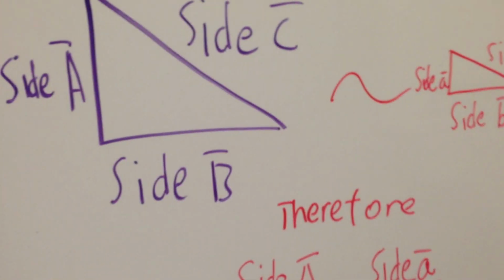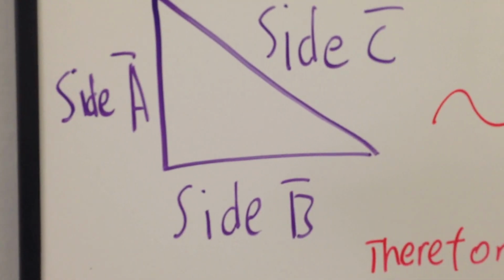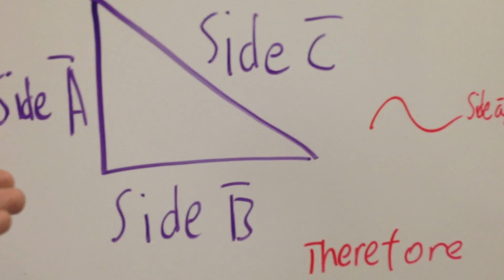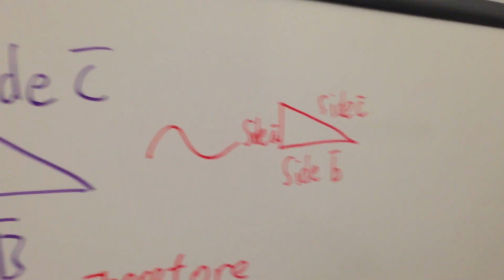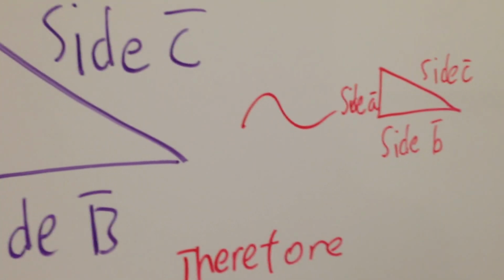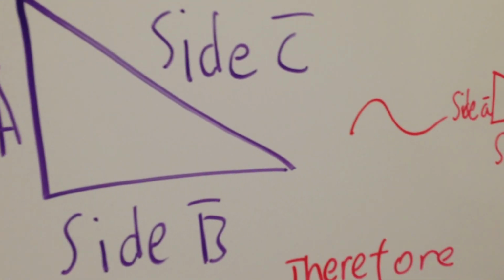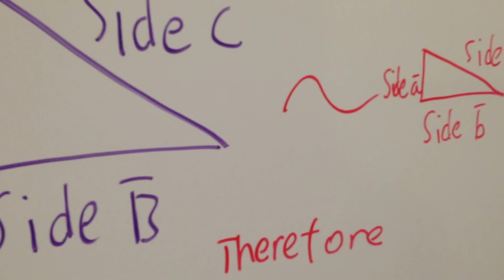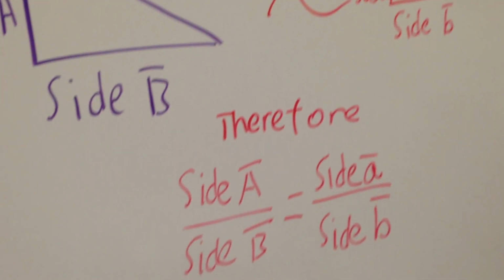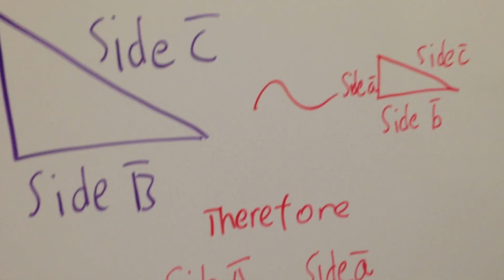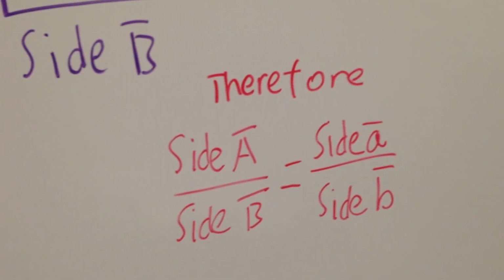You can do it a different way, like side big A divided by side big C, and that's the same thing as the side little a divided by side little c. And you can even do side CB, that's similar to the other side CB, right? If you don't understand this, you can try to Google search it, or you can just replay the video of this like infinity many times.